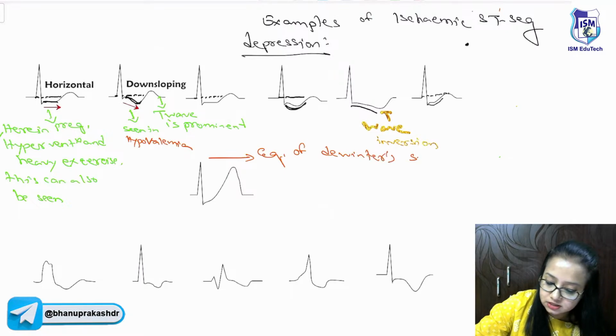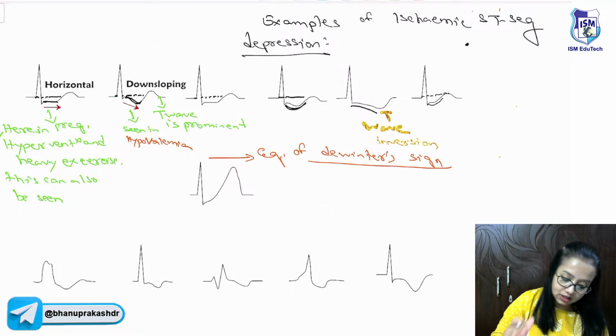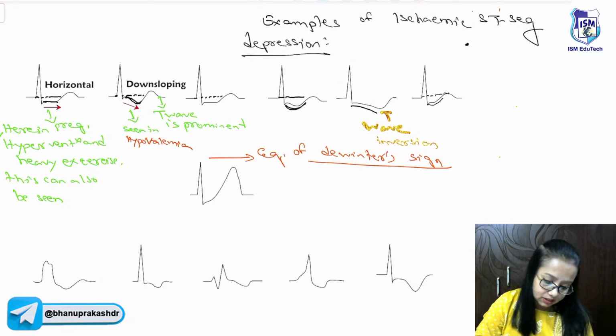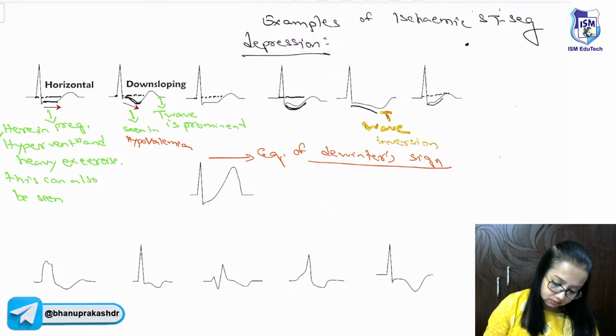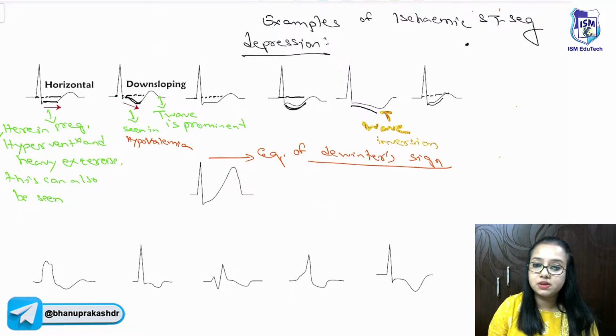De Winter's sign. So, there was a time when it was thought that all the ischemic conditions... If the J point is isoelectric, no, it will never happen like that. There will not be a condition that the J point will be isoelectric and the ST segment will go up and down.